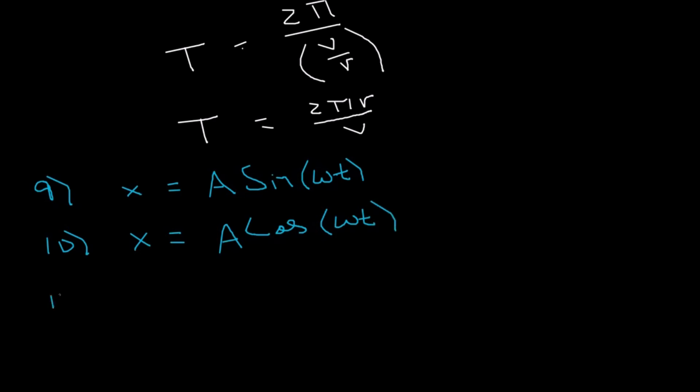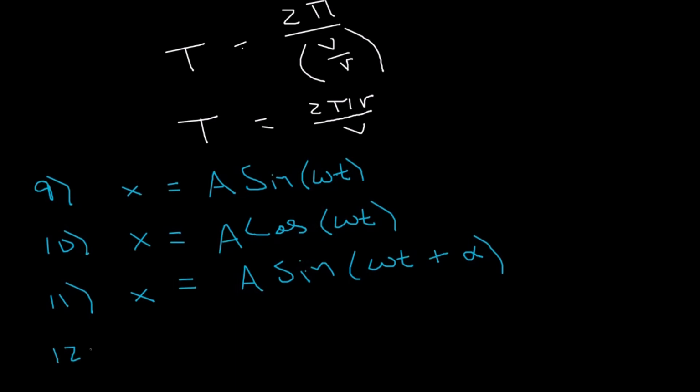Equation number 11 is x is equal to a sine omega t plus alpha.